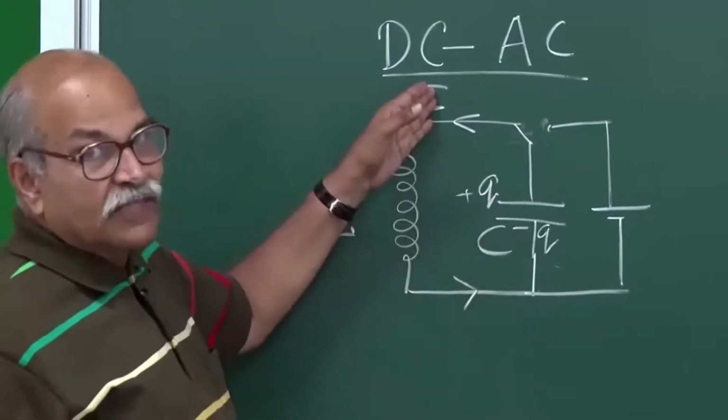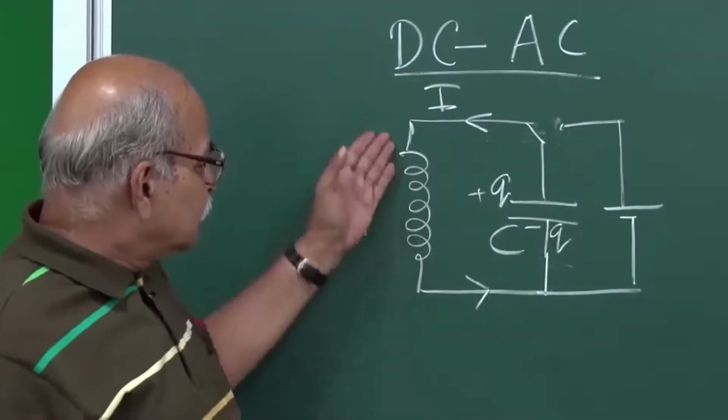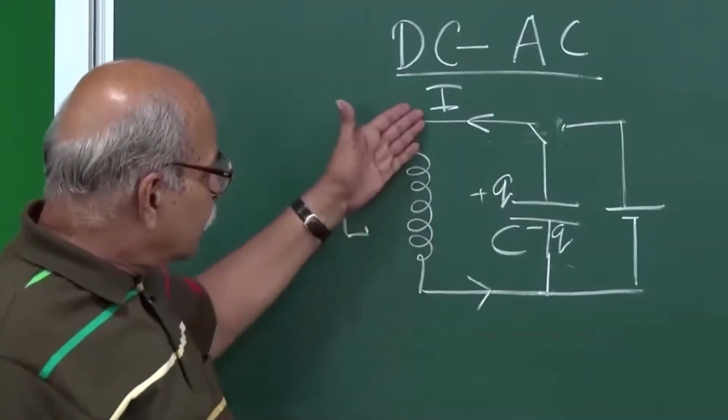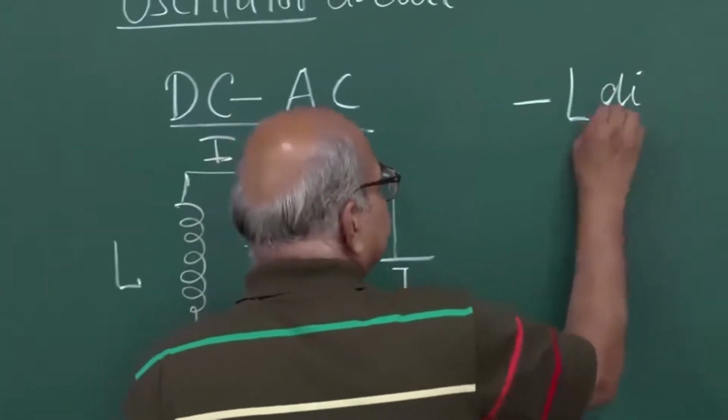So the current is also time dependent, and hence you have a back EMF in this inductor, and that back EMF is minus L di/dt.